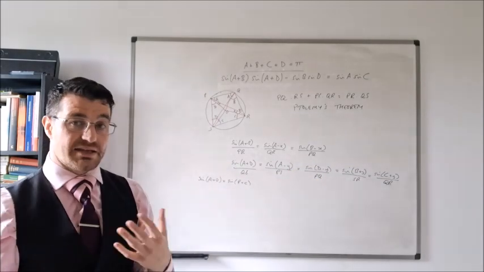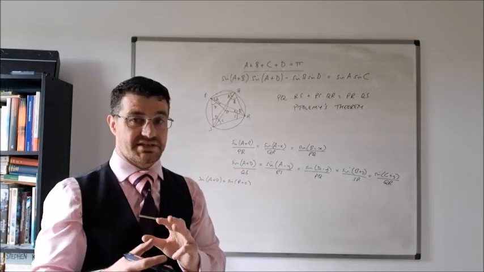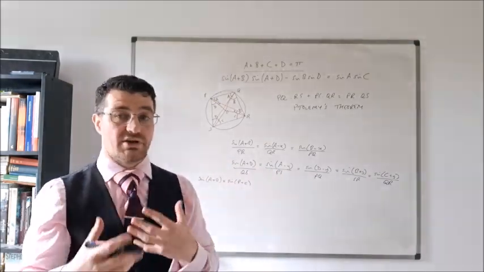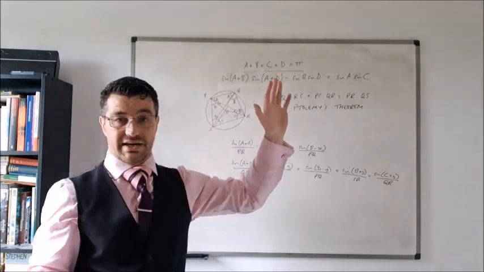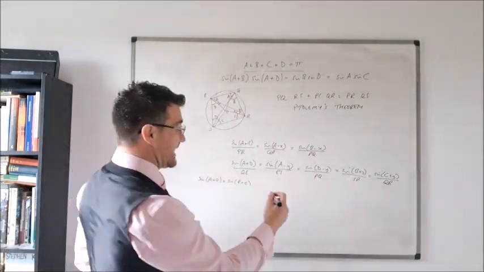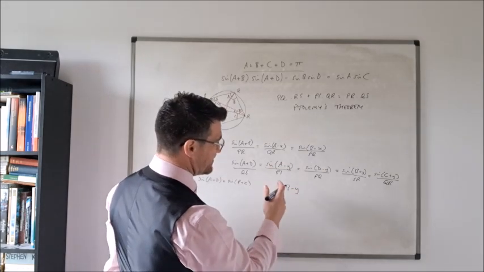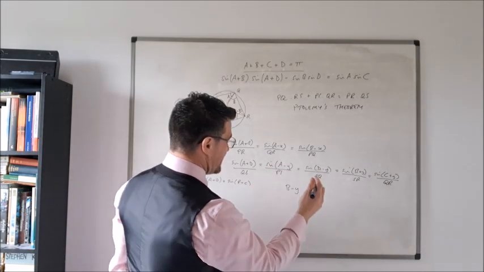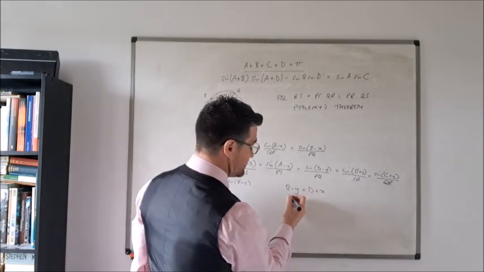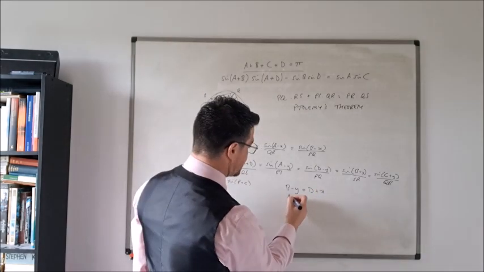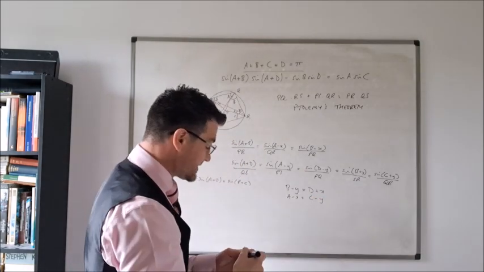However I combine these angles, A, B, C, and D, whether I've got X's involved, Y's involved, they don't seem to add up to, I can't seem to guarantee that they're going to add up to pi. Okay, so I can figure out the relationships that, for example, is it B minus Y equals D plus X, and A minus X is equal to C minus Y, for instance, and things like this.